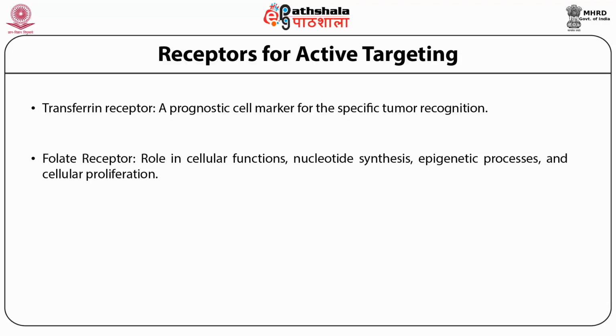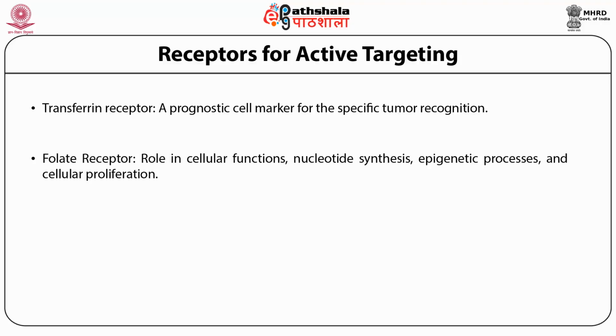This receptor plays a vital role in cellular functions, nucleotide synthesis, epigenetic processes, as well as cellular proliferation. The major advantages of the folate receptor are its stability, cost effectiveness, non-toxicity, as well as non-immunogenicity. Further, the folate receptor is also internalized by the receptor-mediated endocytosis process.